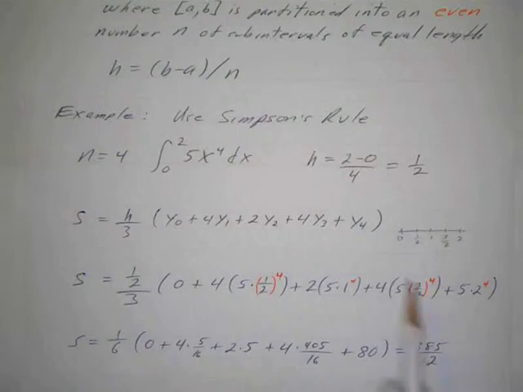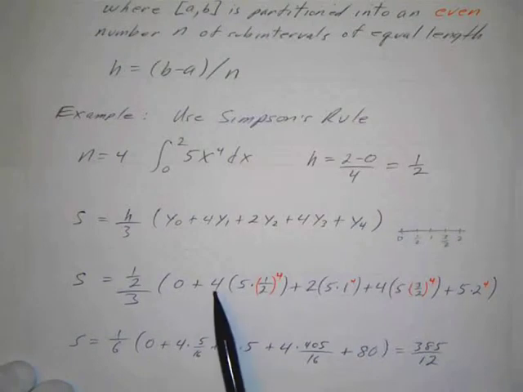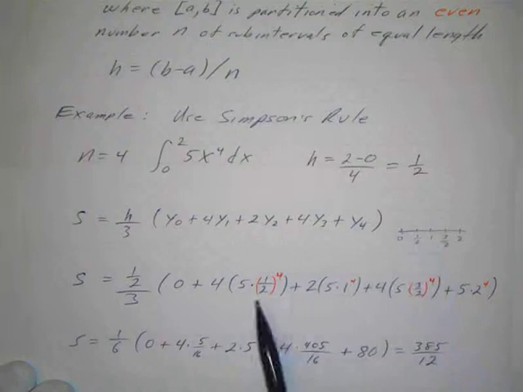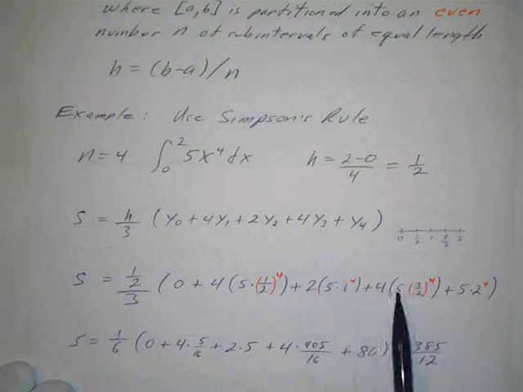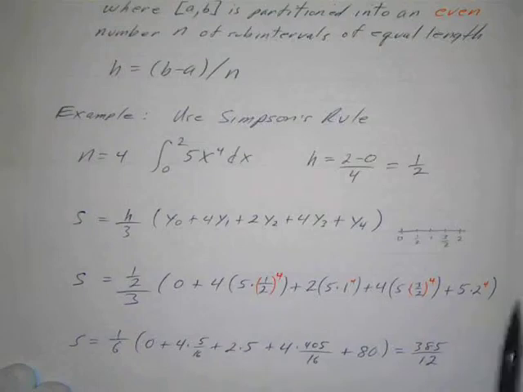So you're putting 1/2, 1, 3/2, and 2 into your function, 5 times x to the 4th. Again, 5 times 0 to the 4th is 0. Then 4 times 5 times 1/2 to the 4th, then 2 times 5 times 1 to the 4th, then 4 times 5 times 3/2 to the 4th, and finally 1 times 5 times 2 to the 4th.